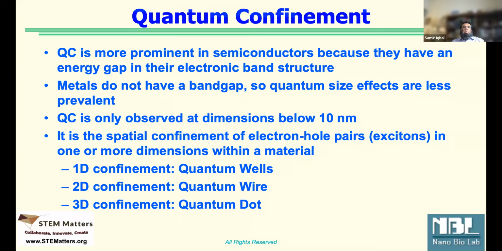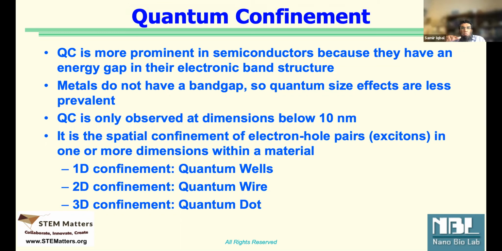And then we have quantum wires, which are 1-dimensional because thickness is almost negligible with respect to the length. So it's a 1D material. But in this, there is 2D confinement. They are only allowed to go in one direction, which would be along the length of the wire.